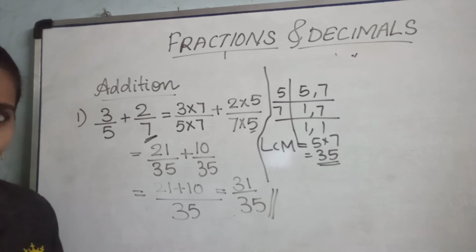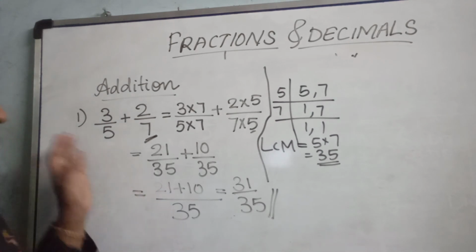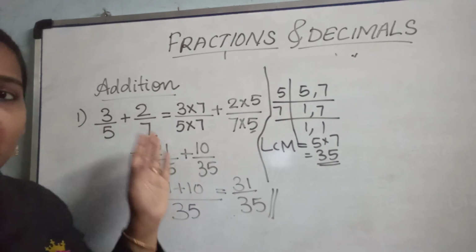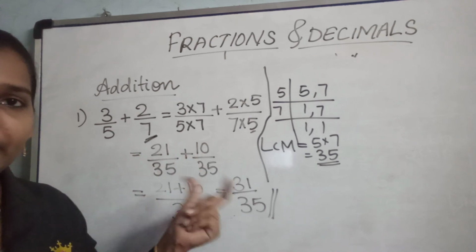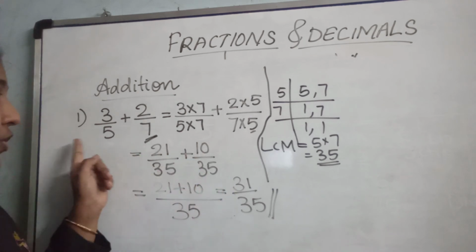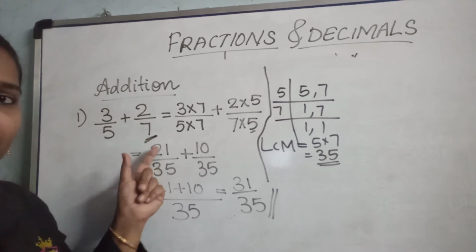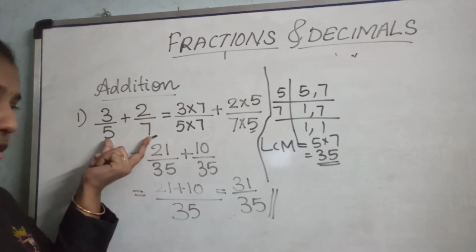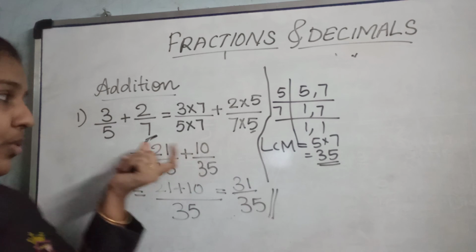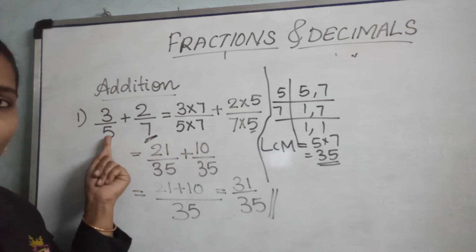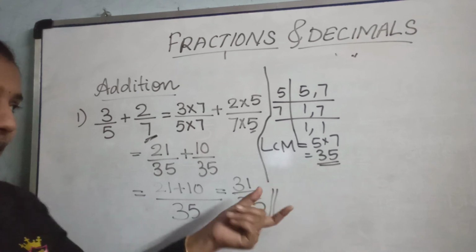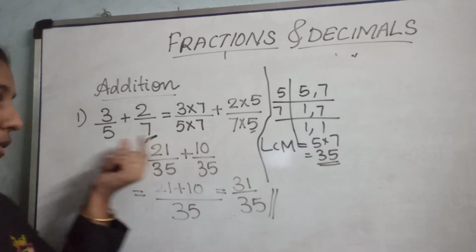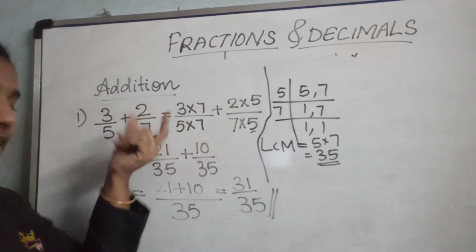Clear children? Okay, always remember, if the given fractions are unlike, which means they are having different denominators, then to add them you have to take the LCM of the denominators and then you have to make both denominators as LCM. Okay, here it is 35, so you have to make 5 as 35 and 7 as 35.